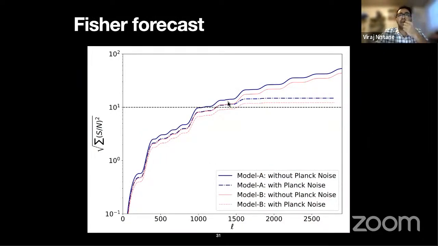Again, we have the results for two models here, model A and model B. I forgot to mention this before, if it was not clear from the matter distribution: the difference between model A and model B is that in model A, we have a more smoothly transitioning matter density from the inside to the outside region of the void.